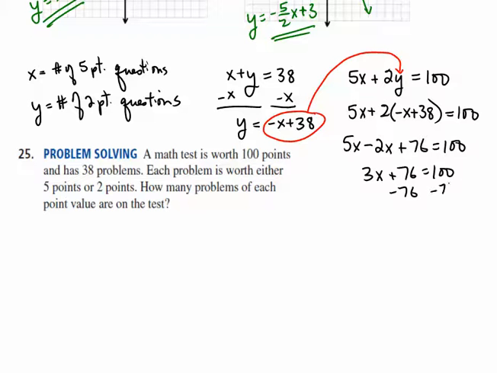Subtracting 76 on both sides gives me 3X is equal to 24. Divide by 3, and we get X is equal to 8.